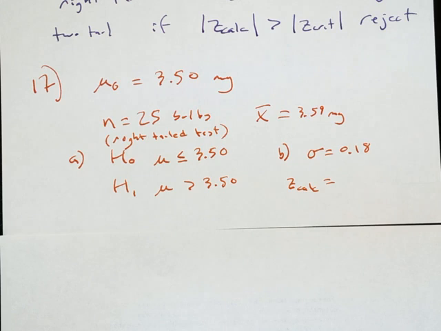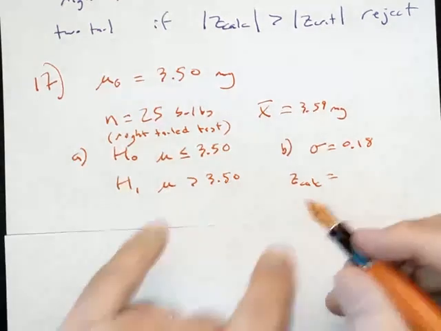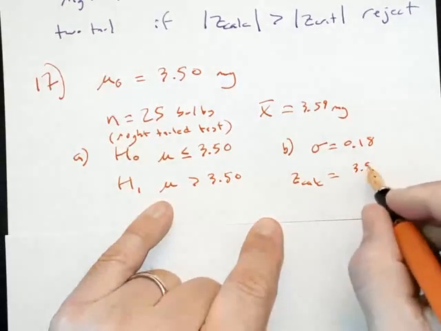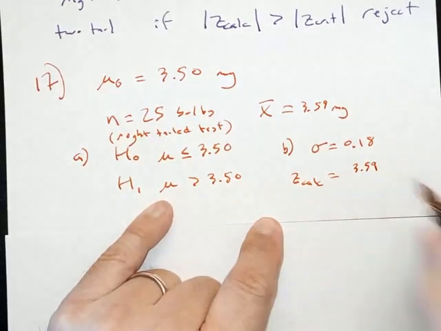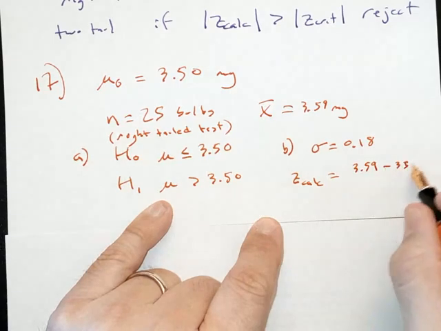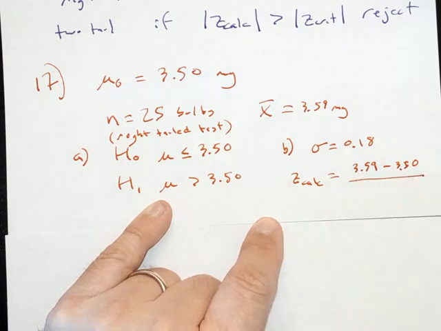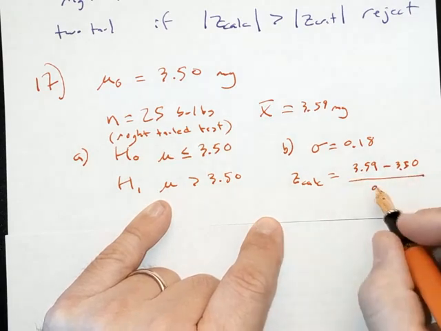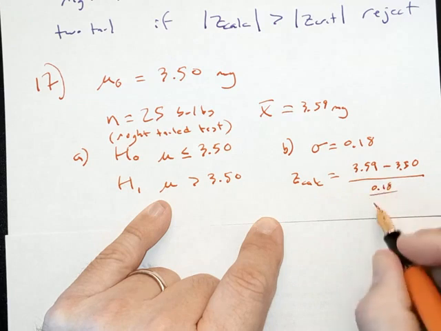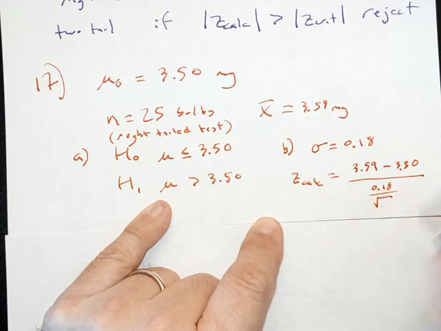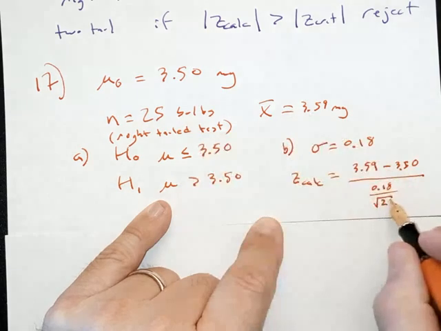Even before I do anything on my calculator, I'm going to write down all the setup. I take the number I got from my observation, I subtract the expected average, I divide by the standard error, so that's the 0.18 over the square root of how many observations I did? 25.